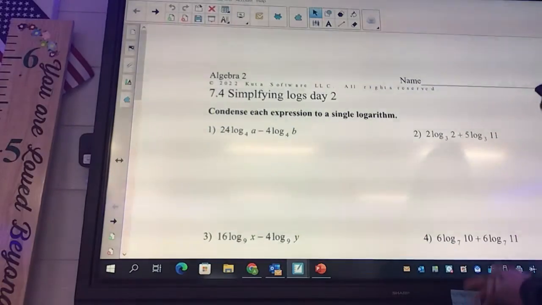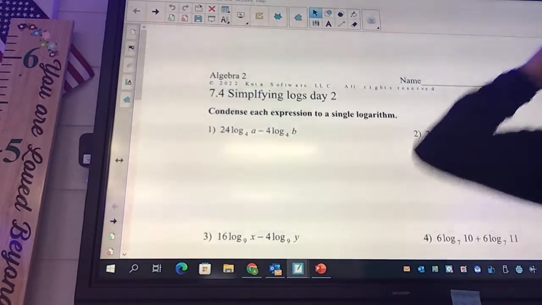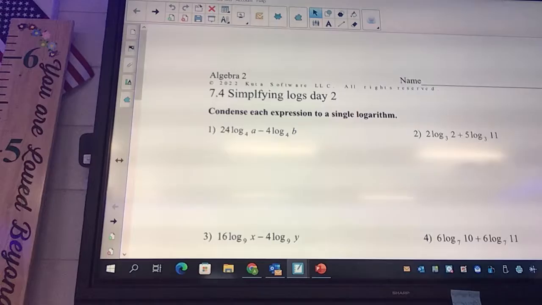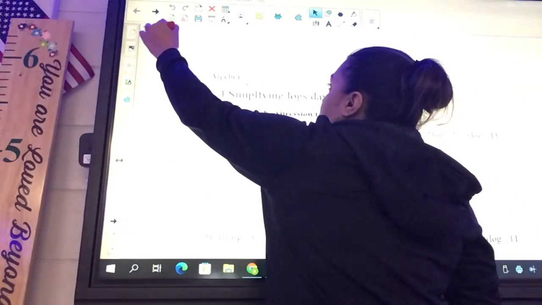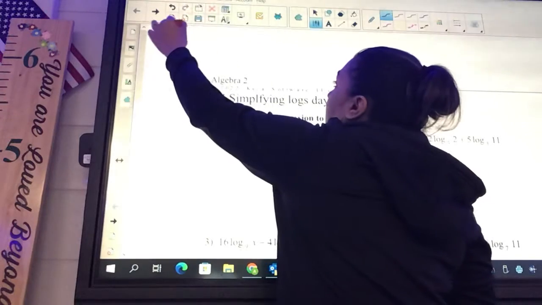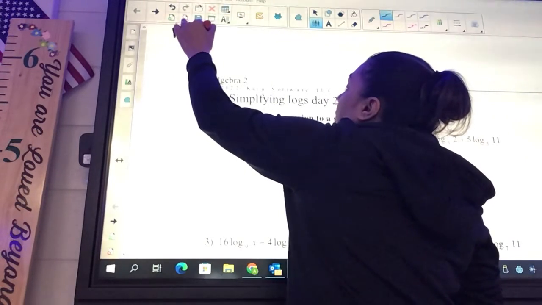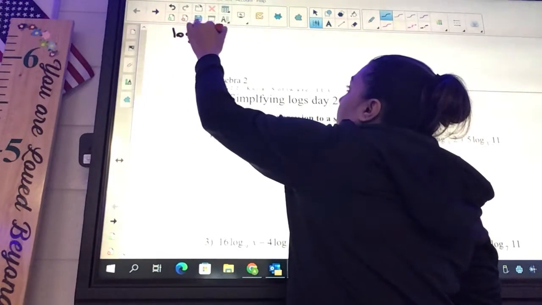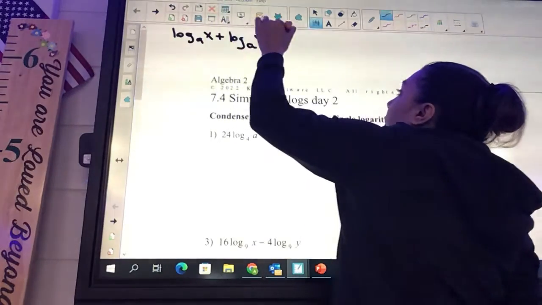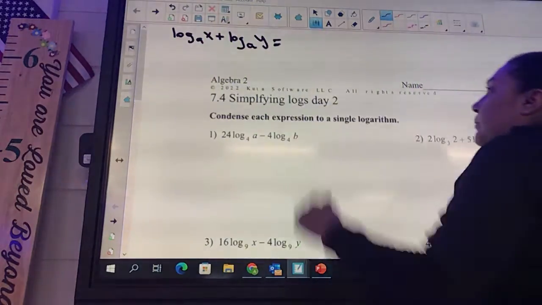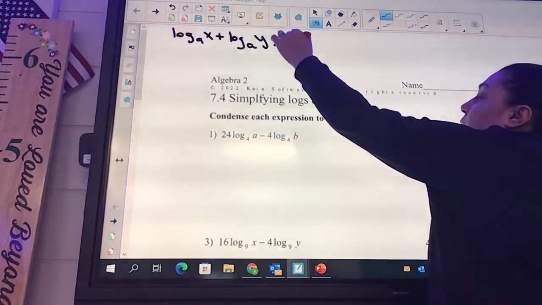So today we're going to continue simplifying logs. What does the log addition rule say to do? If you subtract, that's division. I said addition. Okay, so if we have log base a of x plus log base a of y, what is it going to be? Multiplication.